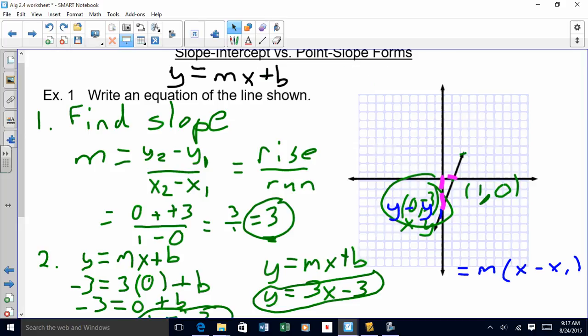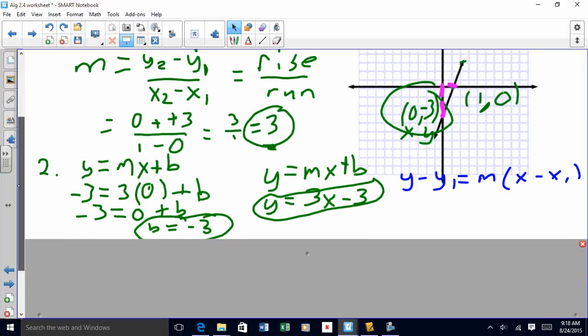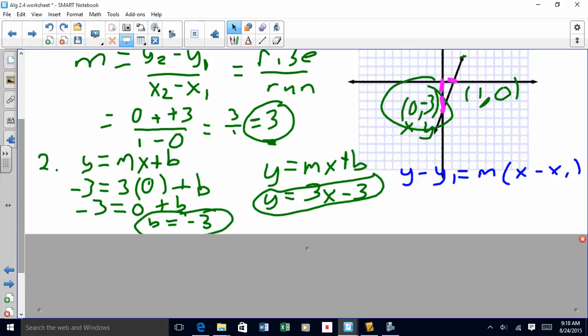If I use this formula for the slope, or point slope form, I can actually have the exact same equation come out a different way. I still need to go through step 1, and I still need to find that slope.